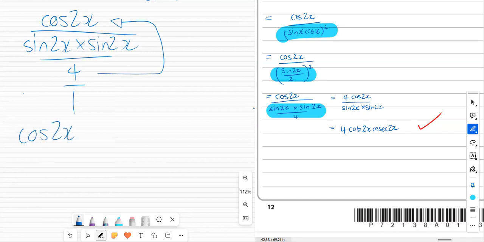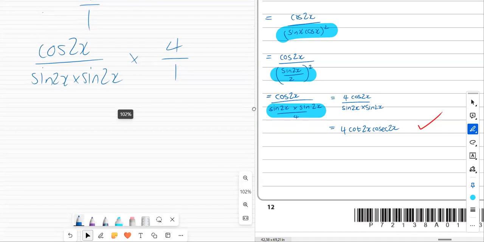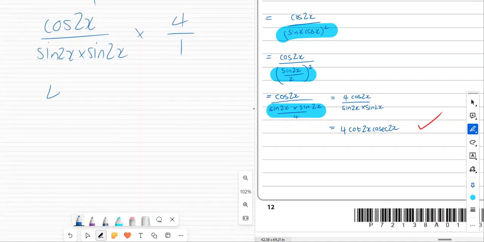Cos 2x over sine 2x times sine 2x. If you tip and times, it is times 4 over 1, because it was divide. Okay, it was divide, so now you tip and times. So this becomes 4 cos 2x over sine 2x times sine 2x.